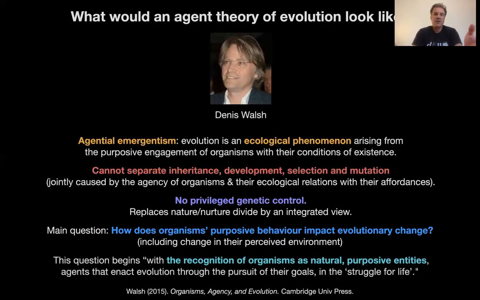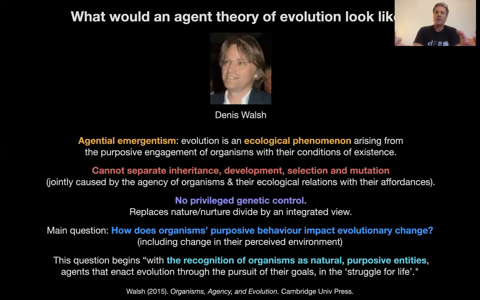That's what it is. And this question, Dennis writes, begins with the recognition of organisms as natural purposive entities, agents that enact evolution through the pursuit of their goals in the struggle for life. So it's very metaphysically modest, as he writes, and very much in tune with Darwin's original theory, sort of starting.